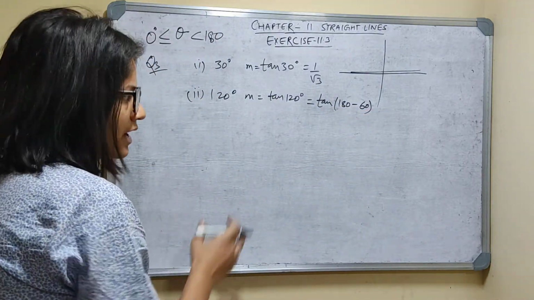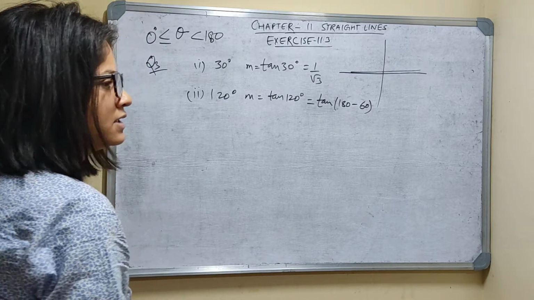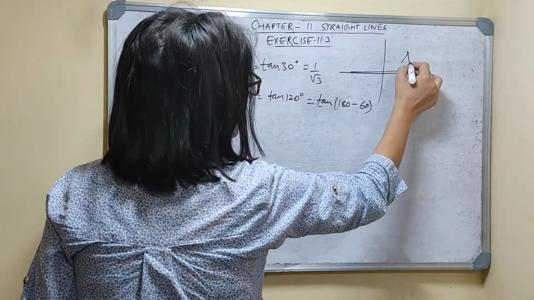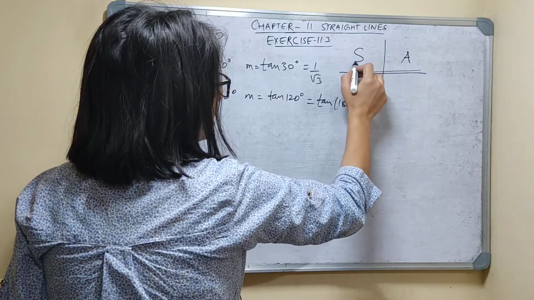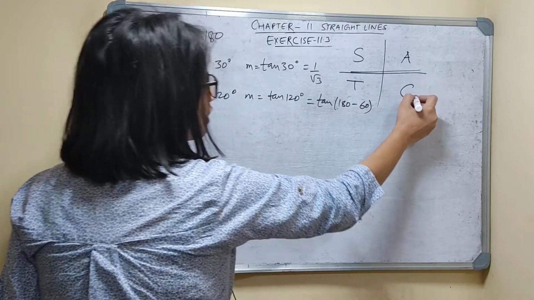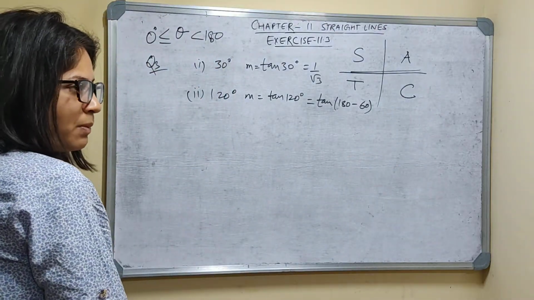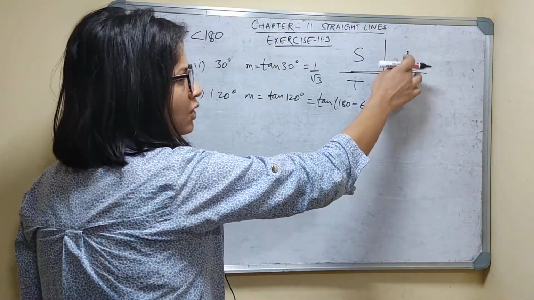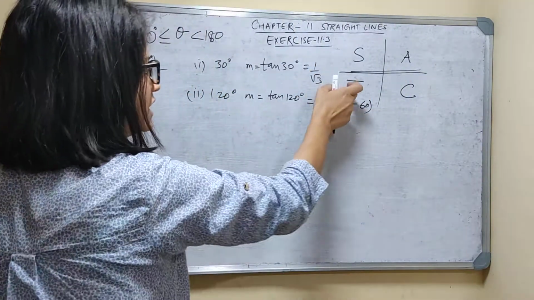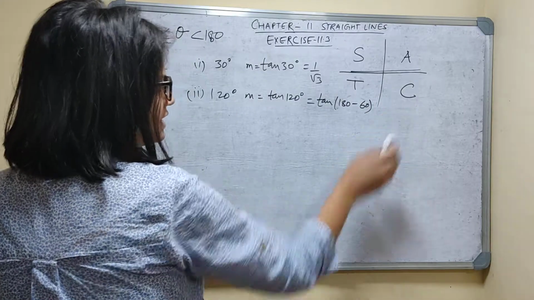In the first quadrant all are positive: sine, cos, tan, cosec, sec, cot. In the second quadrant sine and cosec are positive. In the third, tan and cot are positive. In the fourth, cos and sec are positive.